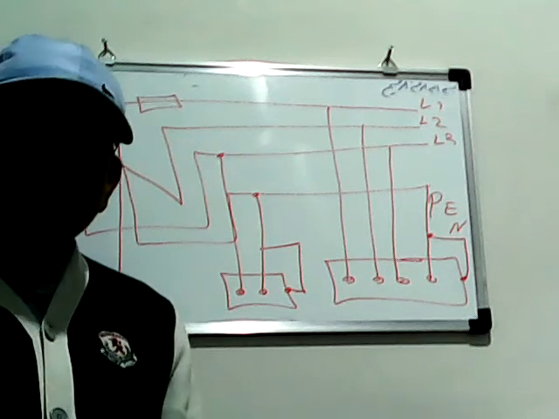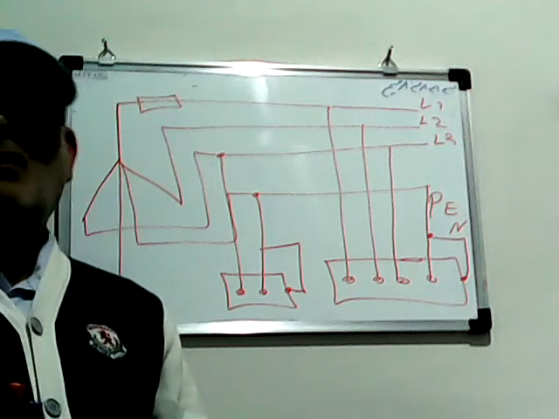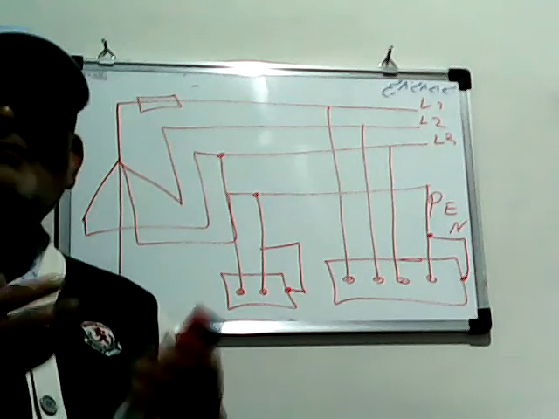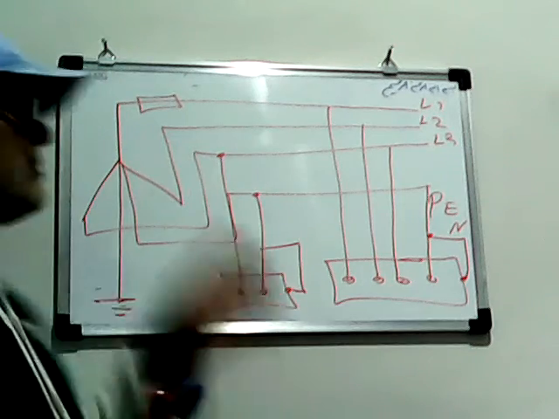For what reason? When we have a lower ohmic value, the fuses can cut out faster and faster.